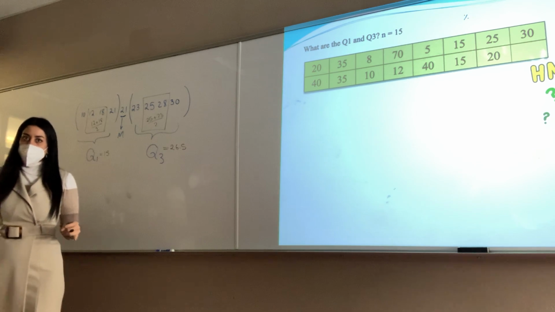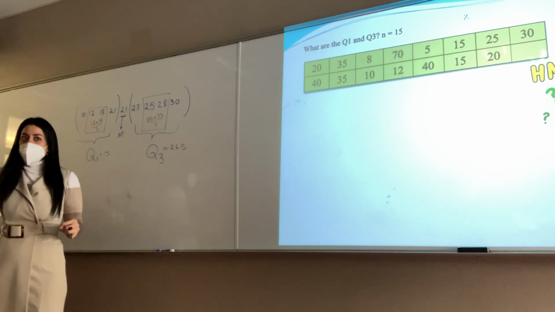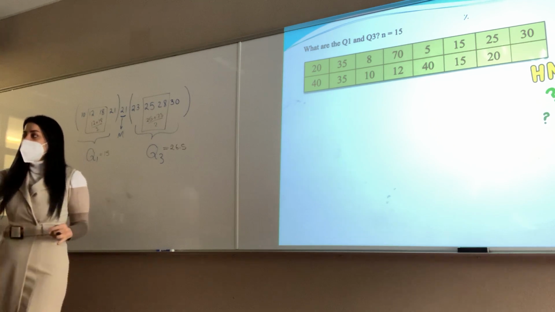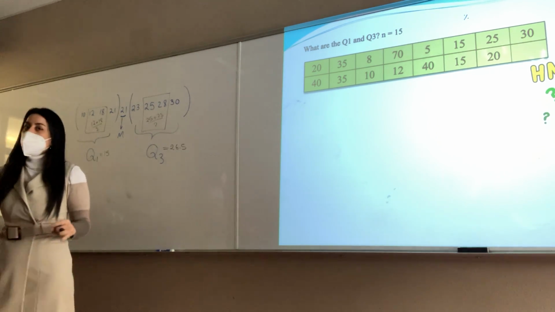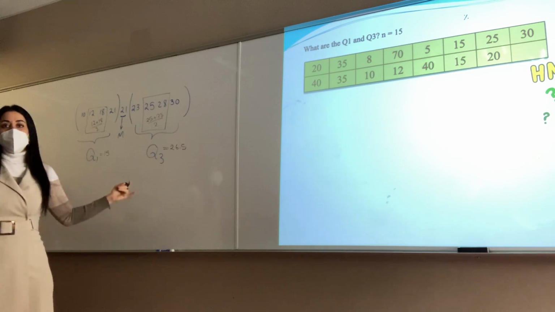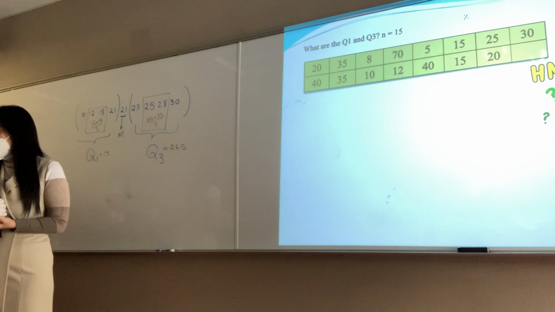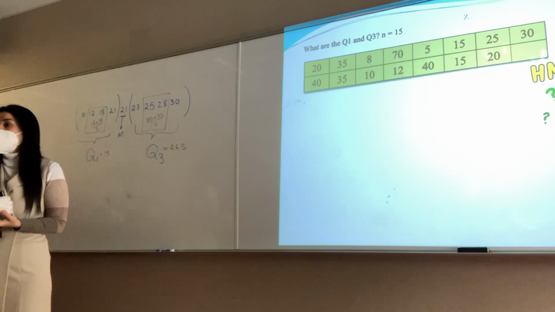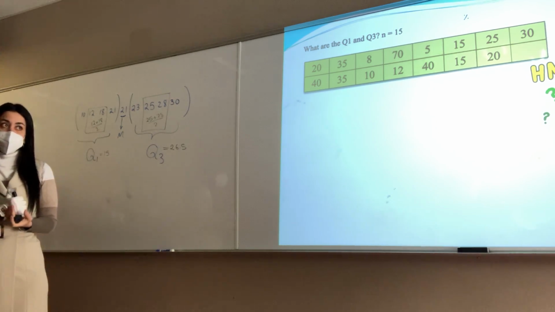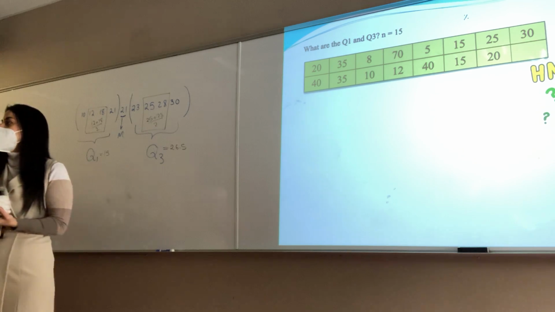Second, find a midpoint, the median. Third, create one data set on the right side of the midpoint, create another data set on the left side of the midpoint, and find the midpoints for those data sets. The data set on the left side gives you Q1, the data set on the right side gives you Q3.